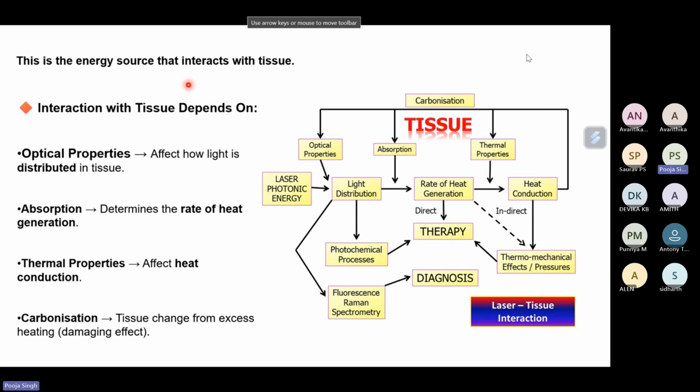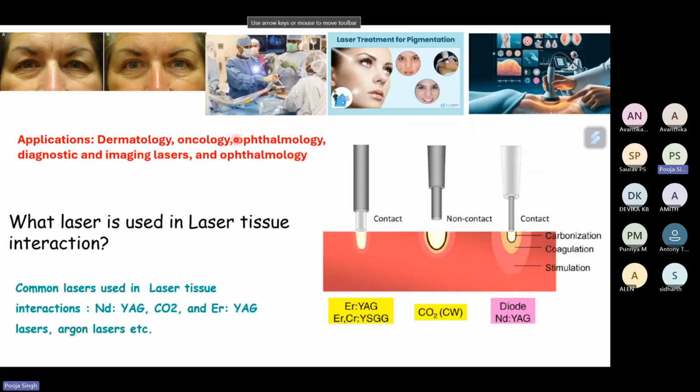So this is just a concluding slide showing the possible ways the laser can interact with the tissue. It affects how light is distributed, determines the rate of heat generation, and affects heat conduction. So tissue changes from excess heating, damaging the effects. Okay, so next here.